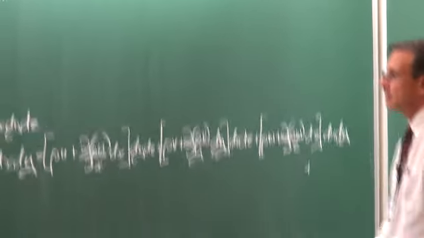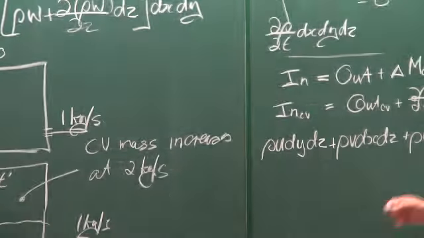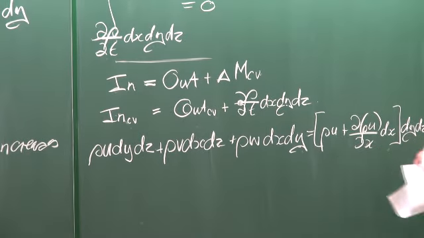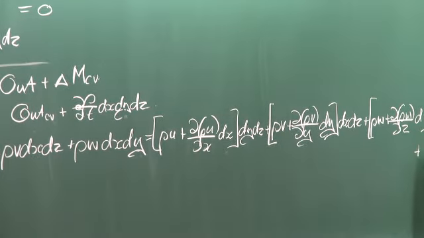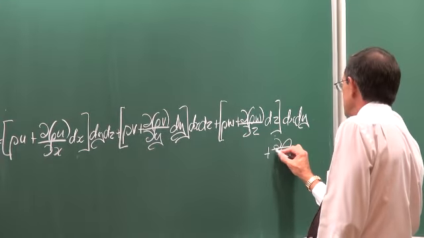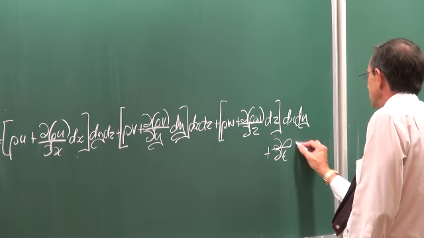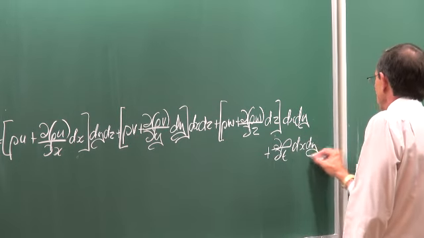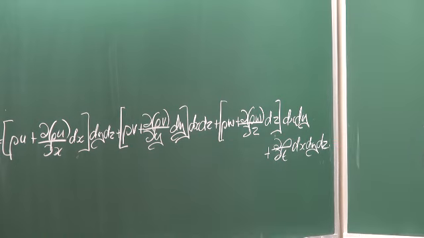plus, okay, everything in, these three terms here, everything out, these three terms here, plus partial d rho dt multiplied by dx dy dz.